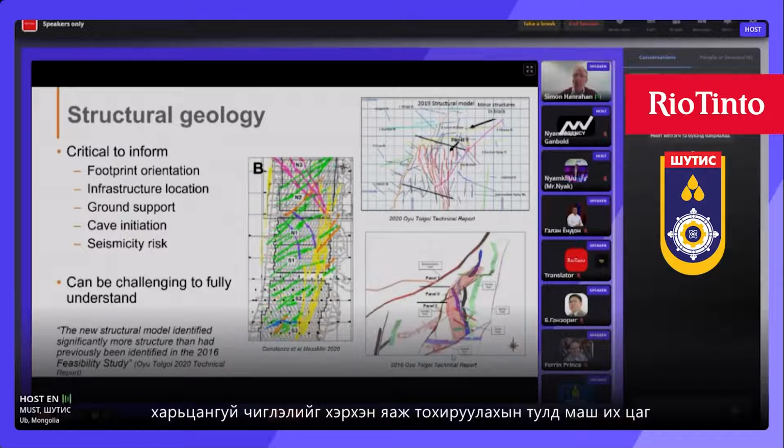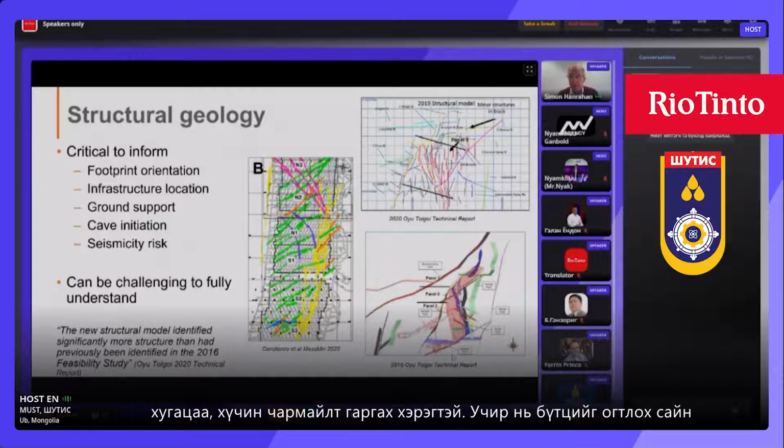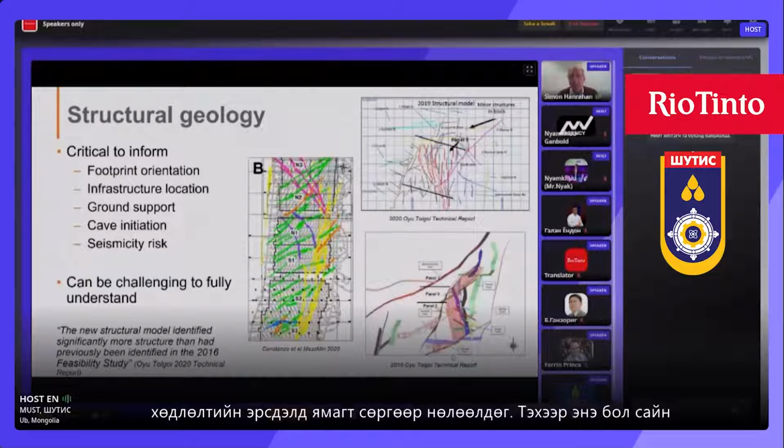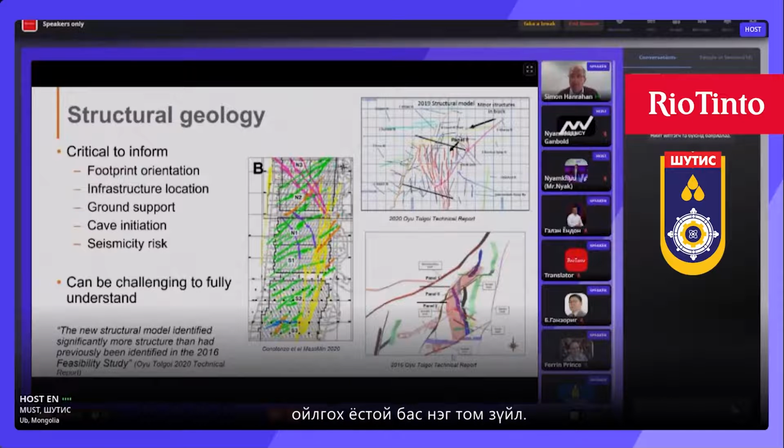You know, the way we set up our footprint in terms of the orientation related to the structures, because there are good ways that we can intersect the structures, and there are bad ways that we can intersect the structures. Seismic risk, as the mines are getting deeper these days, structural geology can have a negative impact on seismic risk. So another good reason why we need to understand it well.